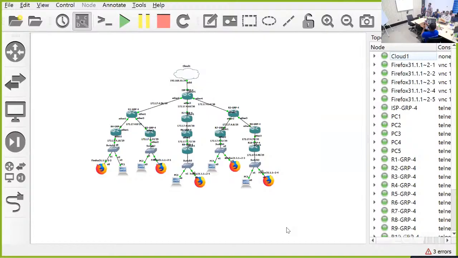In performing these tasks, we are supposed to have point-to-point routing between about 6 routers.